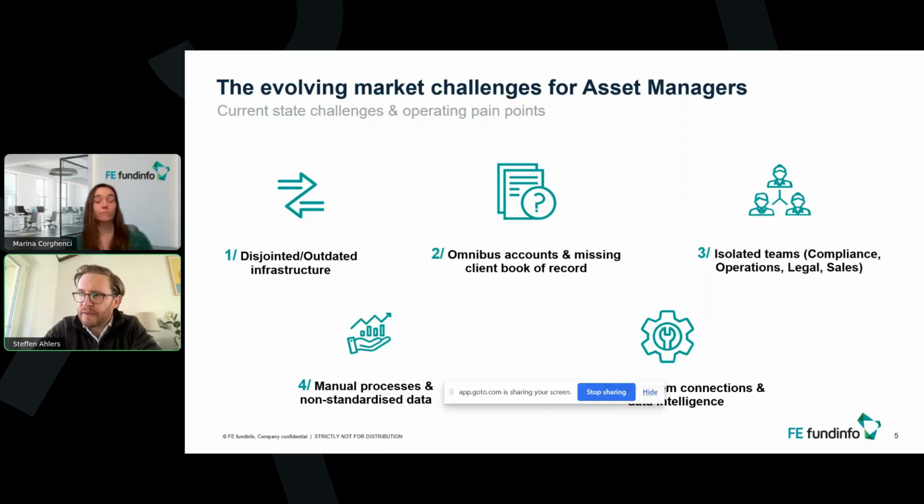Think about adding a new distributor or a new platform: usually you need to do the AML and KYC on it, and you need to have compliance involved. If you want to sign a distribution agreement, you have the legal team involved. And then, of course, you have your front office, your sales, and your client service providing reporting to the intermediaries or the distributors.